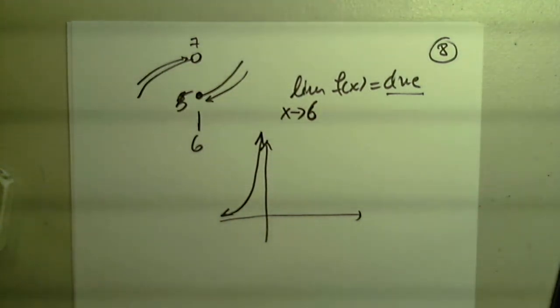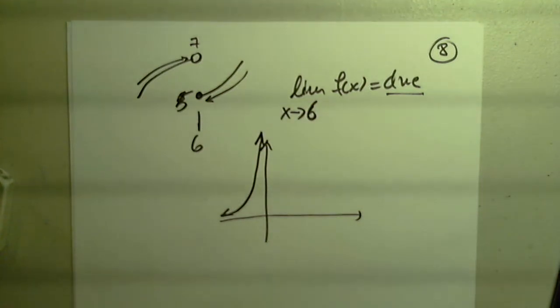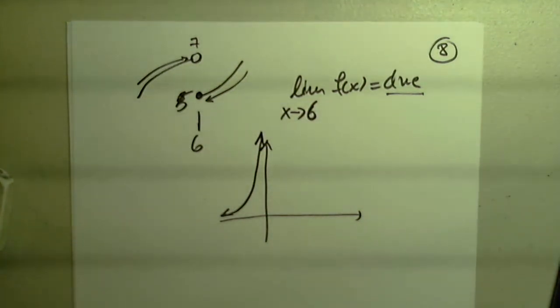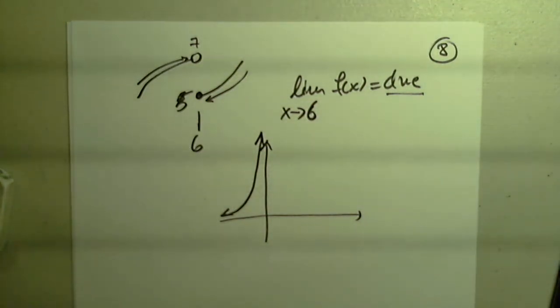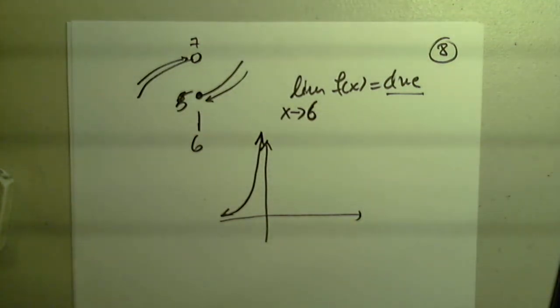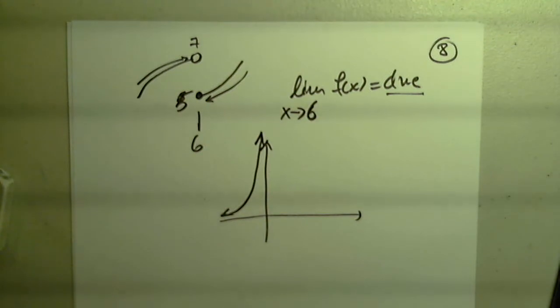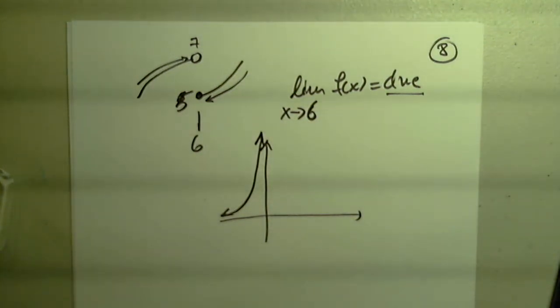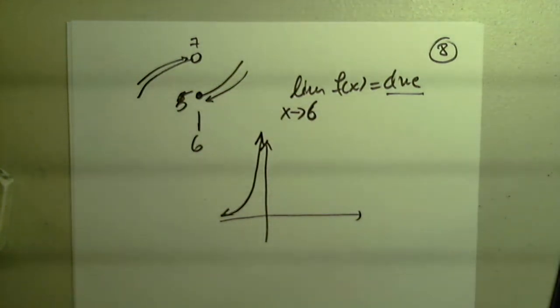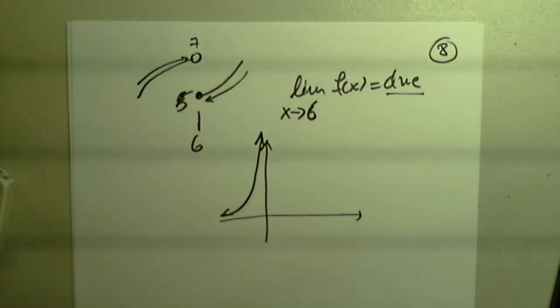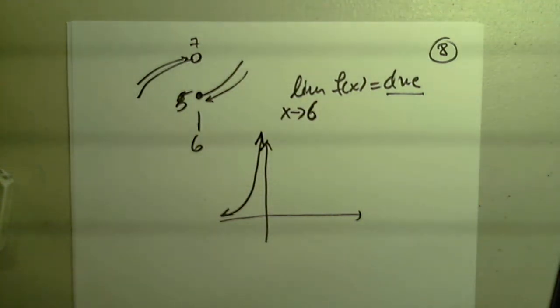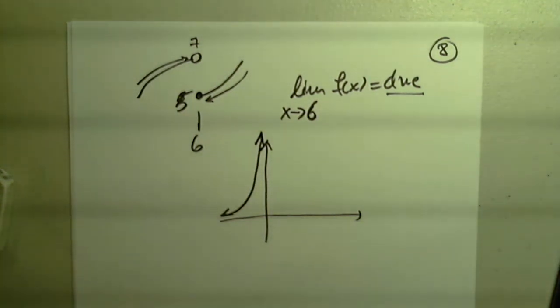The limit of g, the function is g of x, as x approaches 4 from the left. So here's 4. Can anyone give us the limit of g of x as x approaches 4 from the left? Yes, Ryan.